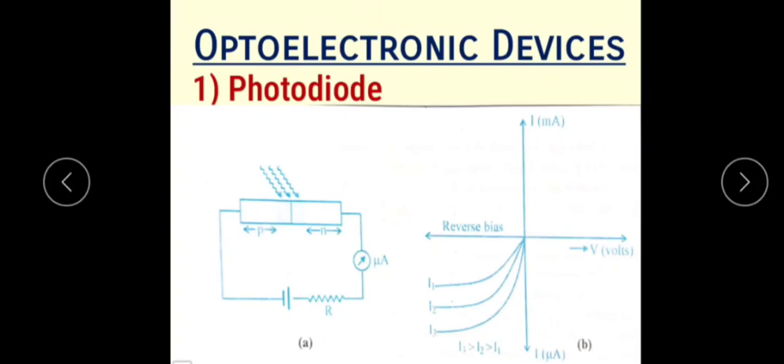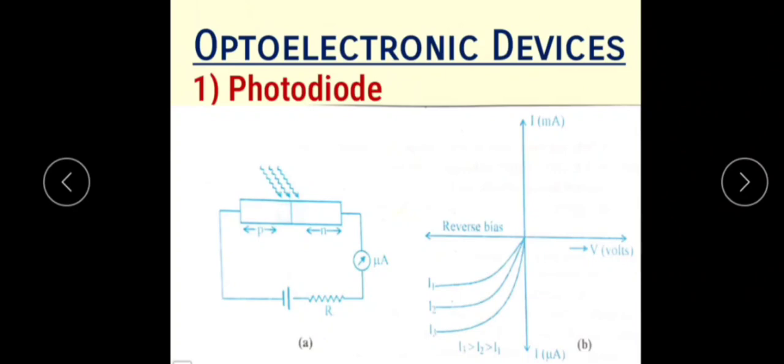A photodiode is a reverse biased PN junction which is designed to respond to light absorption. Once the light falls on the diode, it should respond, and that is what we call a photodiode. Once again, the definition: a photodiode is a reverse biased PN junction designed to respond to light absorption, and it is a reverse biased one.